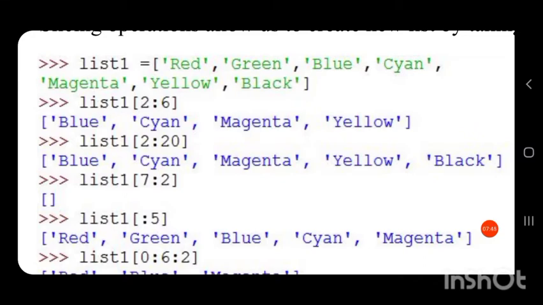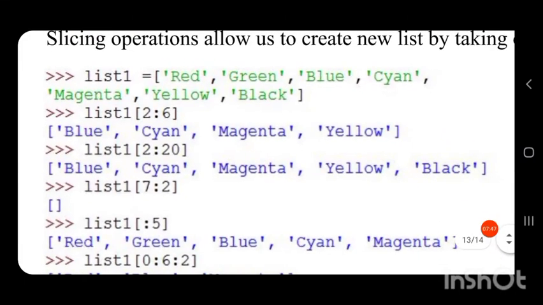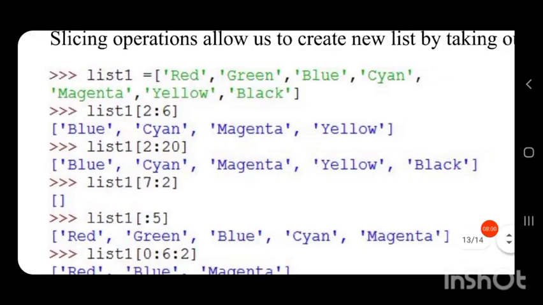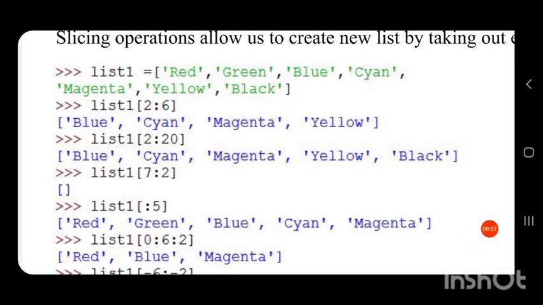So 6 minus 1 will select from 2 to 5. 2 is blue, so 2 to 5 means blue, cyan, magenta and yellow. These items in the list will be selected.